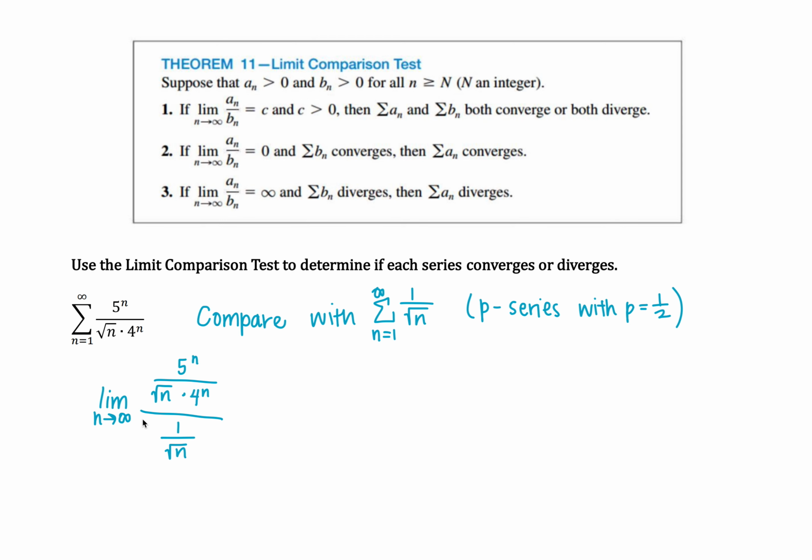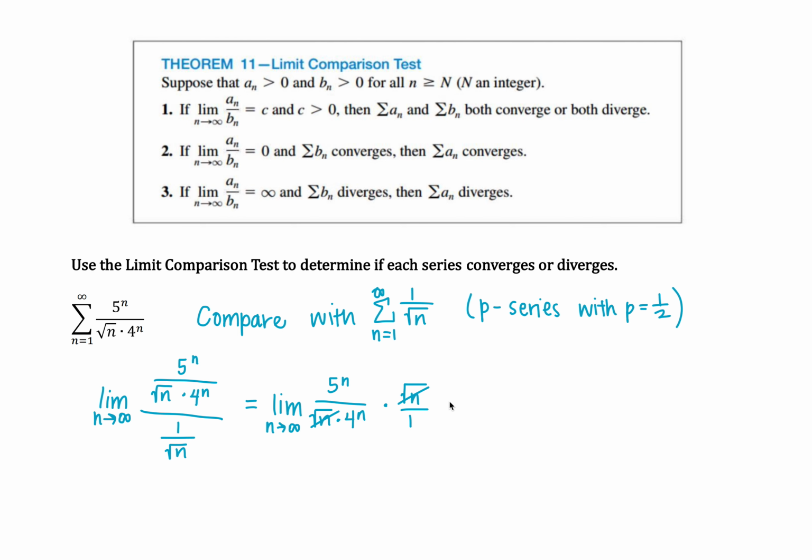You could leave it like this and cancel out your square root of n, or if you would prefer, you could rewrite this as a multiplication: 5 to the n over the square root of n times 4 to the n, and then flip your denominator. Either way, you're going to be able to cancel out the square root of n.